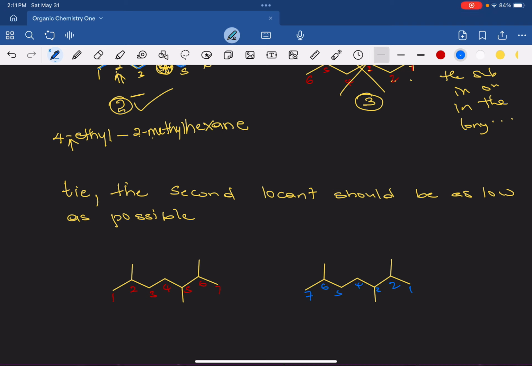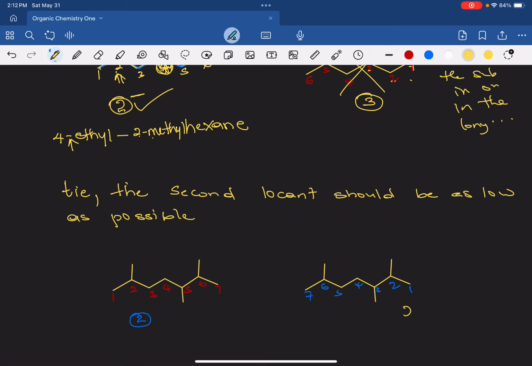So look, we have a different situation now, yes? If you look at the first structure, the substituent encountered first is on carbon number 2, right? Go over to numbering from my right to my left. The substituent is also on carbon number 2. So you're like, okay, what am I supposed to do now?